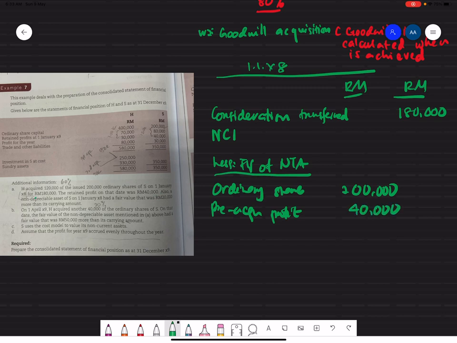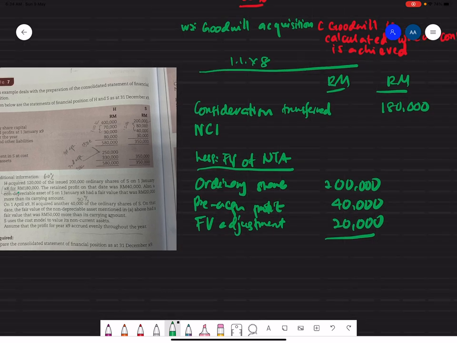And on this day, there is actually a fair value adjustment amounting to 20,000. So you have 260,000. Remember, we haven't calculated NCI yet. We just take the same figure.